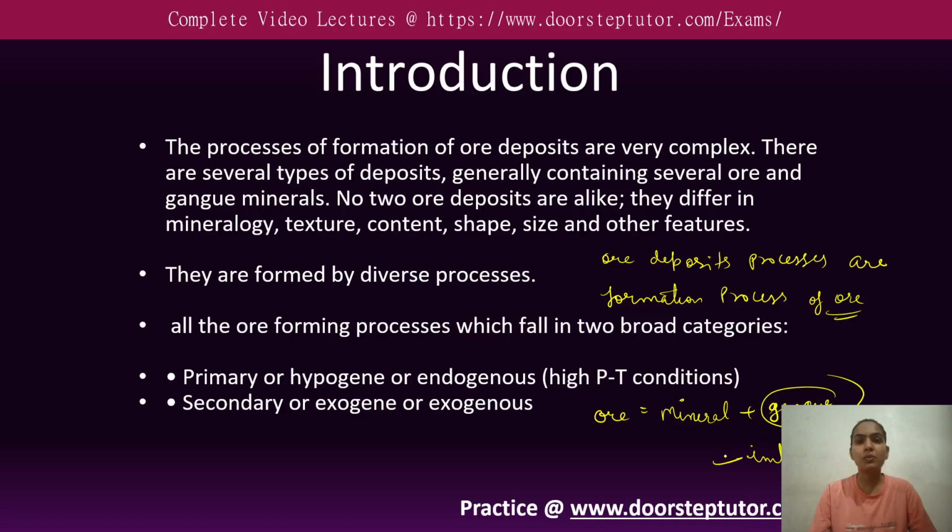So this is the ore. Now these ore formation processes are of different types, depending upon the composition. It may be a nickel ore deposit, a manganese ore deposit, or an iron ore deposit, depending upon the composition of the mineral. Ore deposits also vary according to the texture: which type of texture is present in the ores, their shape, their size, and different features like mineralogy, and which type of impurities are present.